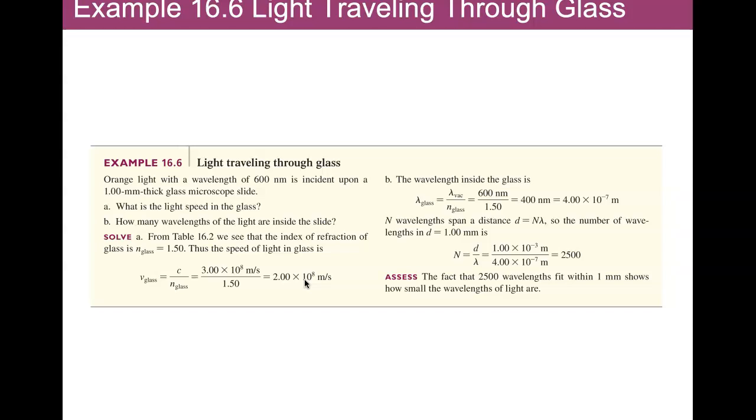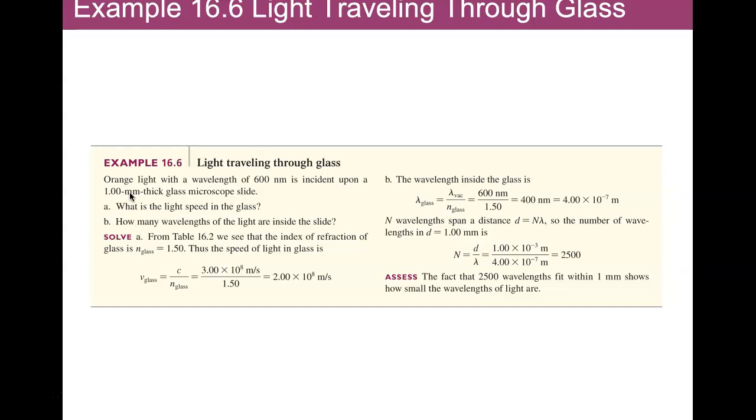Okay, so how many wavelengths of the light are inside the slide? We can find the wavelength inside glass, which is the wavelength in vacuum, 600 nanometers, divided by n, the index of refraction of the glass. So that's 400 nanometers. And then how thick is the glass?